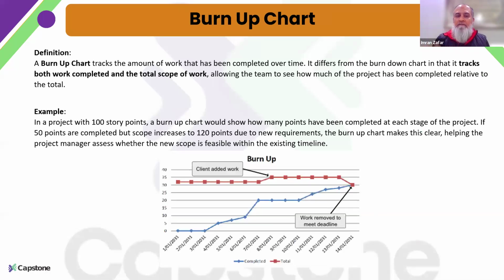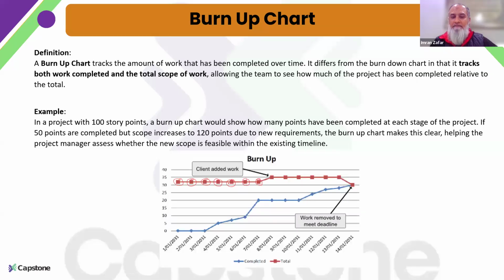The burn up chart basically tracks the amount of work that we are completing over time, after each iteration, and how many user story points we are completing. So let's say this was the initial scope of work.